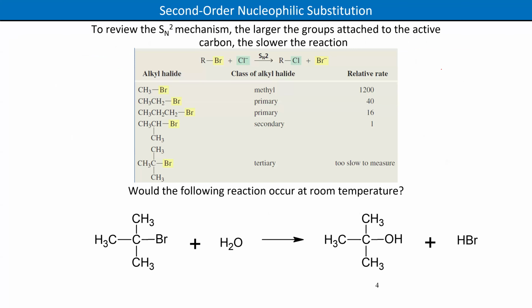Right, and we can see that experimentally. These are all relative rates, which means they're unitless. We're just comparing one reaction rate to the next reaction rate. So the numbers only make sense in context with each other. But if you have a secondary alkyl halide, call that our baseline for the reaction.